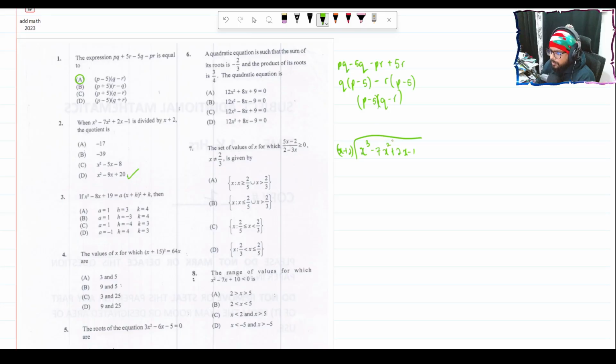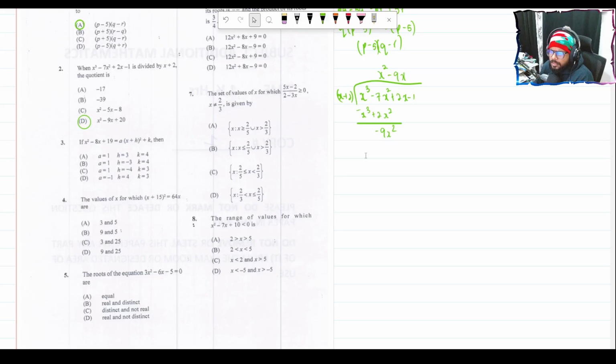And then I get x cubed plus 2x squared, and I have to take away. So now the first piece of my quotient is x squared, so it's either this or this. Minus 7 minus 2 is minus 9x squared, and I get minus 9x here. So I don't need to work out the rest. The answer is D.